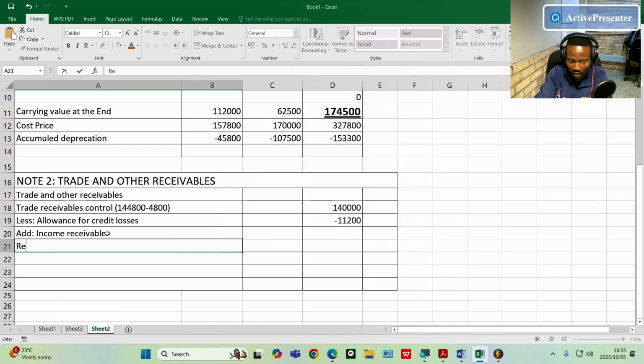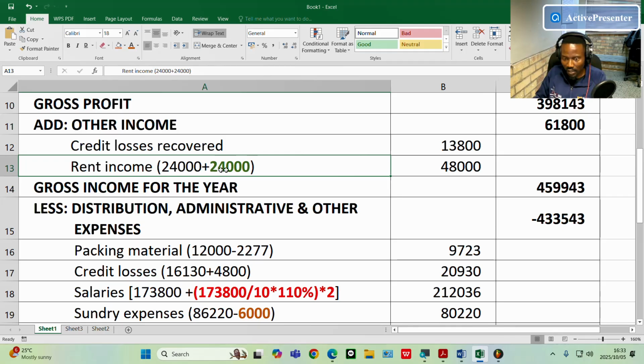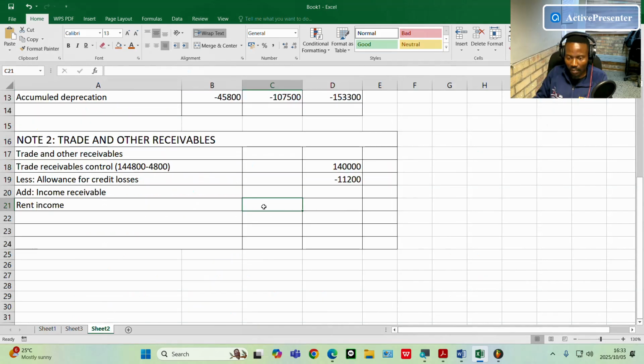Okay, let me just write it down. Rent income. And the receivable part is the amount we have not received yet, which is 24,000. We've already received 24,000, but we are short with 24,000. Remember, we only received for 6 months.